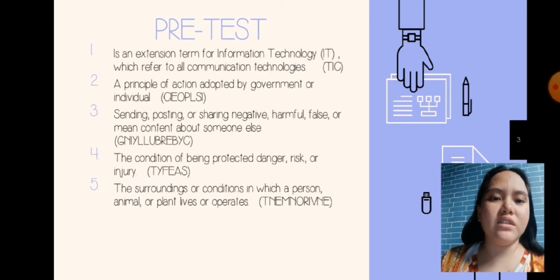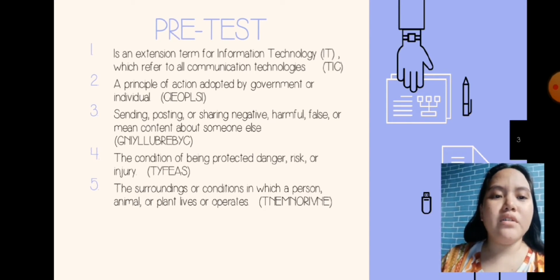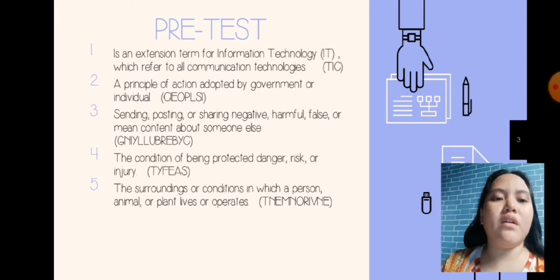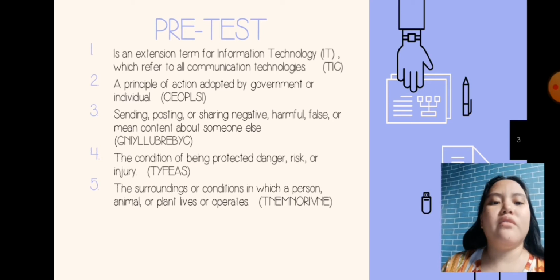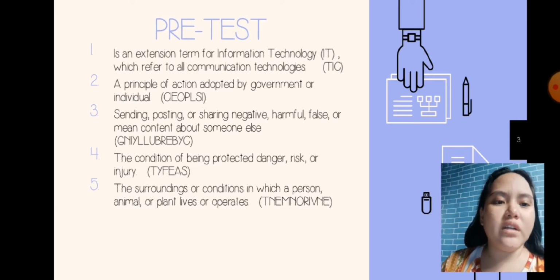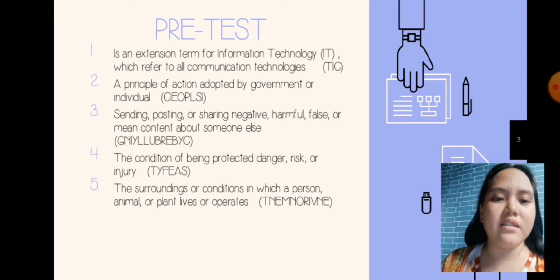So the questions are: 1. Is an extension term for information technology which refers to all communication technologies. 2. A principle of action adopted by government or individual. 3. Sending, posting, or sharing negative, harmful, false, or mean content about someone else. 4.